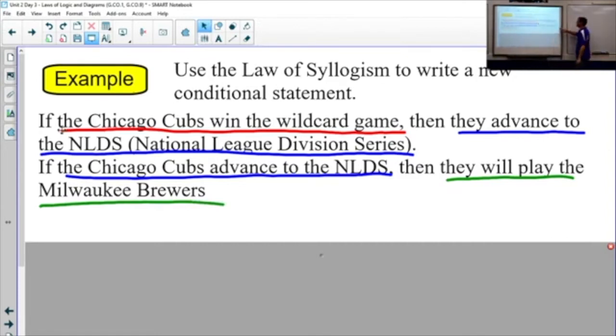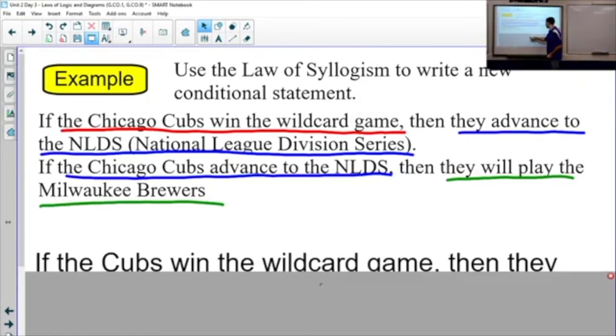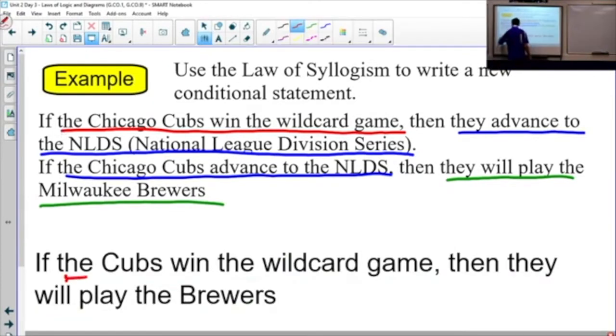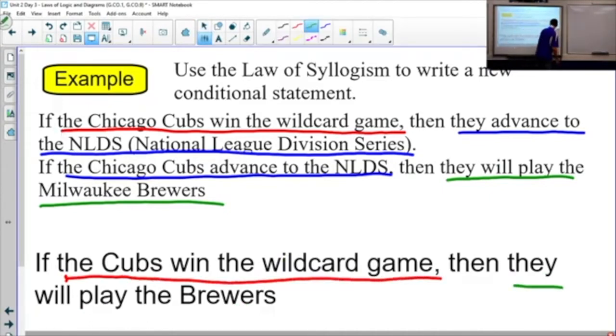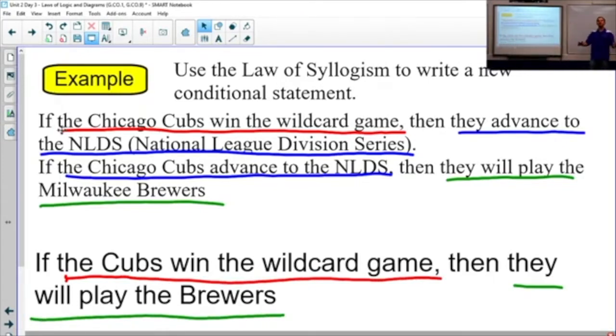And so this statement in blue being the same, again, the conclusion of the first being the hypothesis of the second, lets me link those statements together and turn them into one sentence. If the Cubs win the wild card game, then they're going to play the Brewers. And this is just mashing these up together to create one statement with the first hypothesis and the last conclusion.